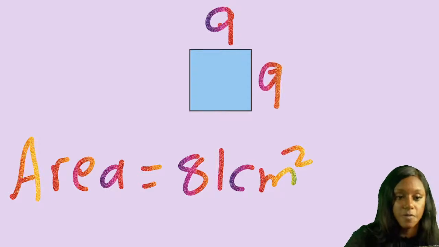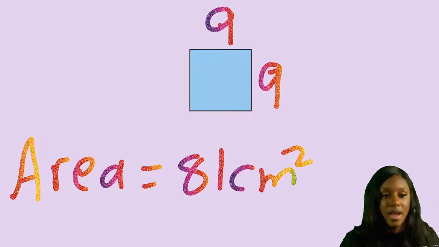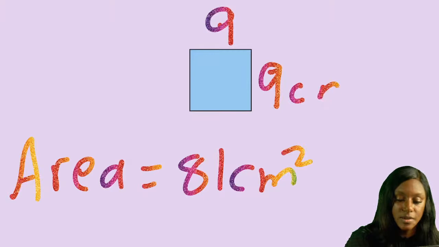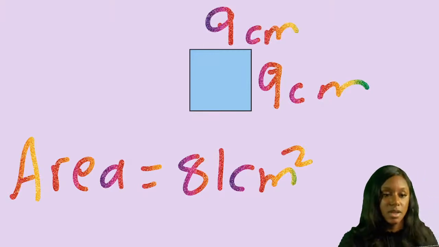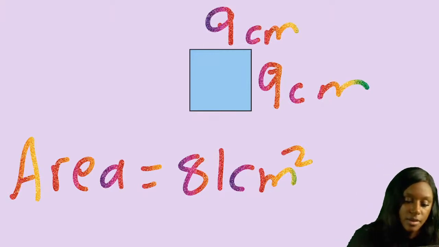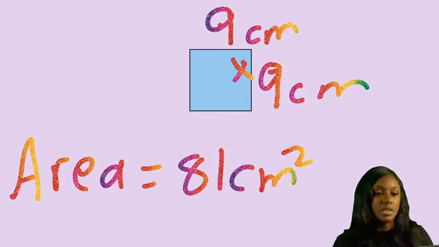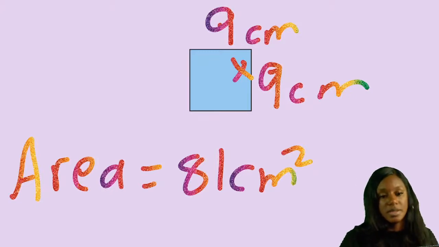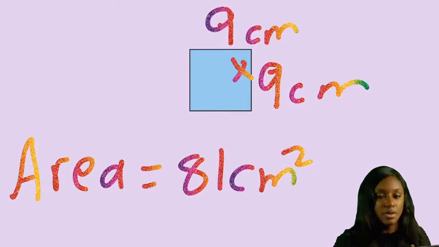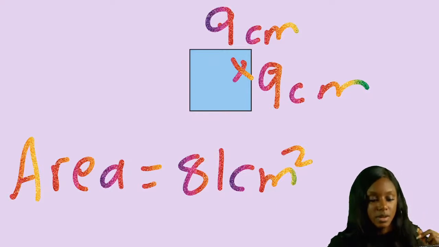Each side of the square was 9 centimeters. 9 centimeters multiplied by 9 centimeters would give you 81 centimeters squared. Area of a square would be length times width. And what's important to know is that each side of the square is the same length.